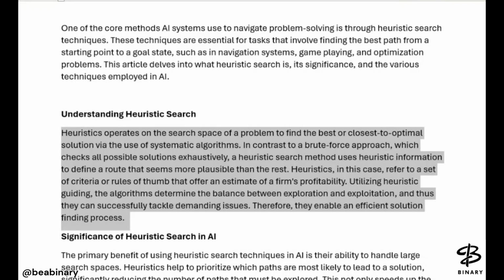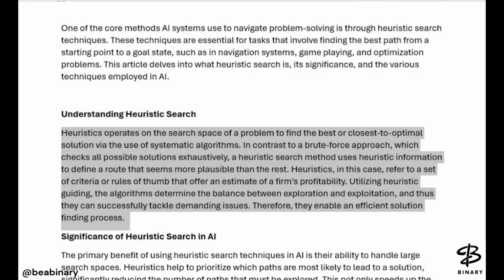In contrast to the brute force approach, which checks all possible solutions exhaustively, a heuristic search method uses heuristic information, as we have discussed just now about calculating the heuristic value, to define a route that seems more plausible than the rest.